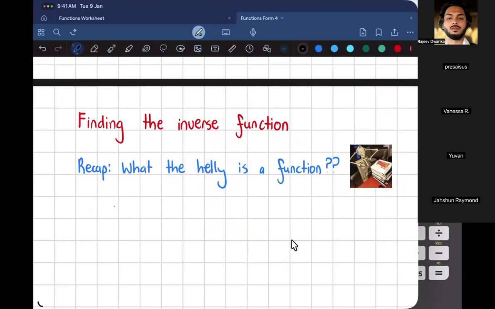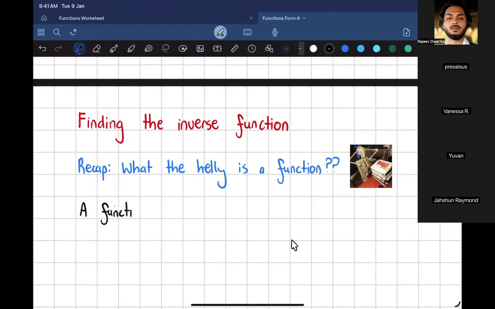A function is basically what you do to the x value to get the what value? The y value. Right. So a function takes in an x value, I'll be more general. So a function takes in a value. We call this the x value.